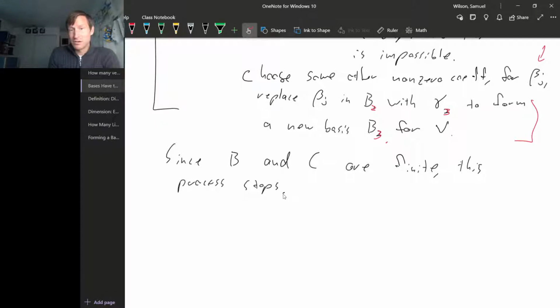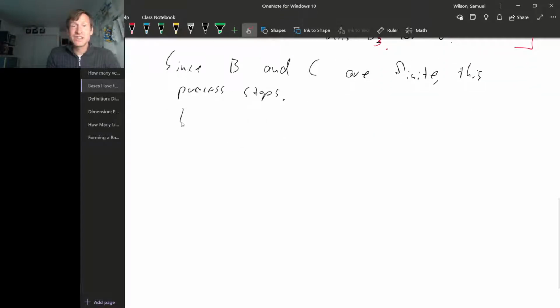At some point, either we run out of betas to replace, or we run out of gammas with which to replace betas. Now we're in one of two situations.